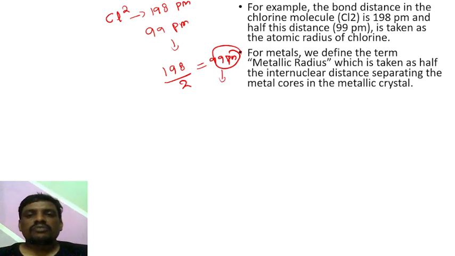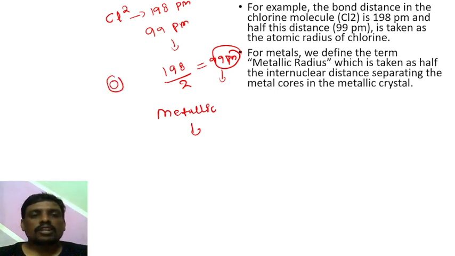For metals, we define the term metallic radius. The metallic radius is taken as half the internuclear distance, which means the distance between one atom's nucleus and another atom's nucleus. This is the nucleus, imagine that.